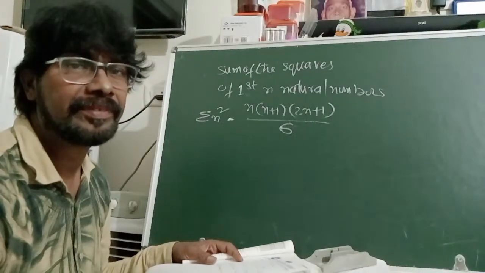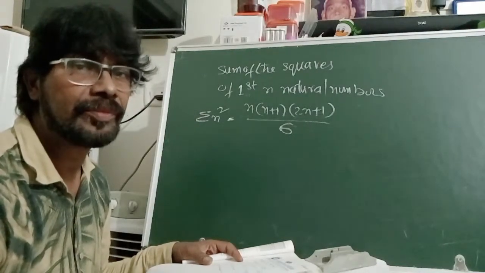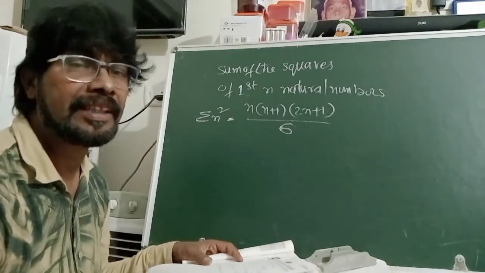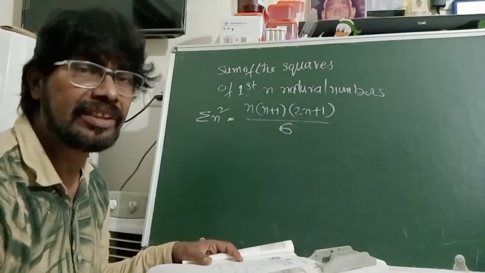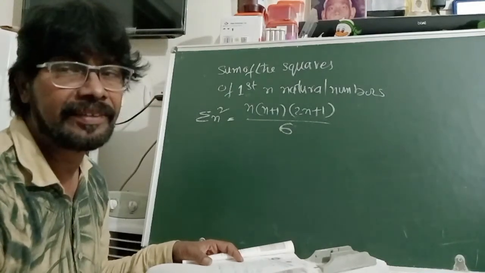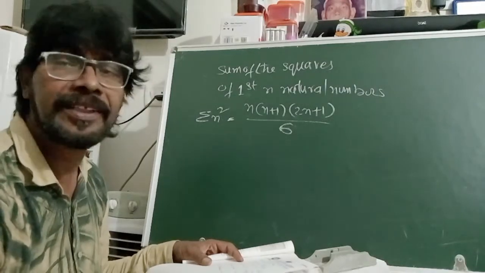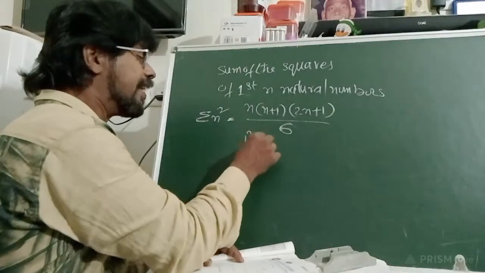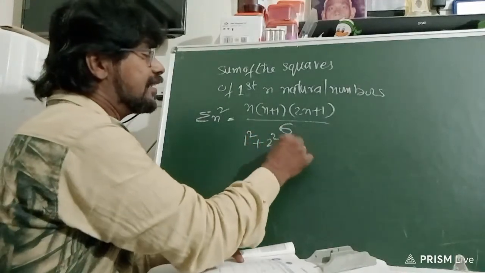It is also represented as sigma n square, that is equal to n into n plus 1 into 2n plus 1 by 6.